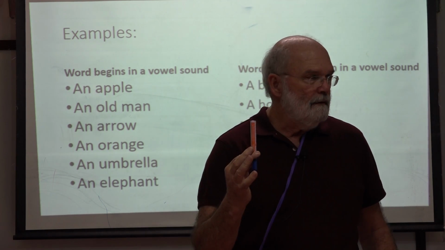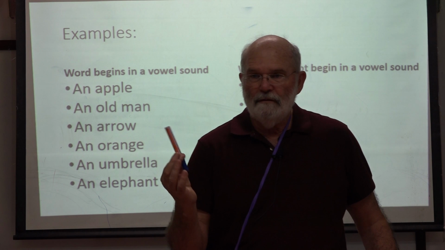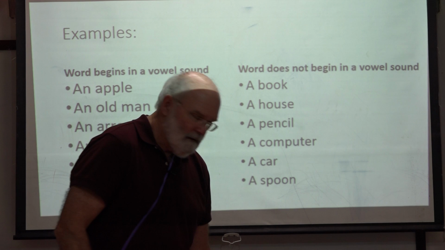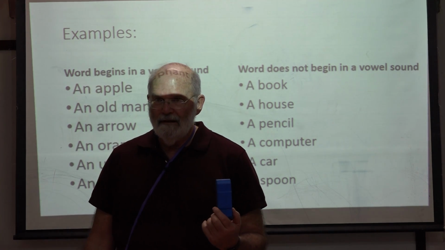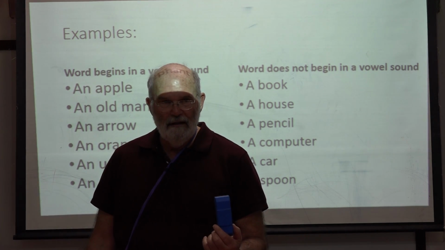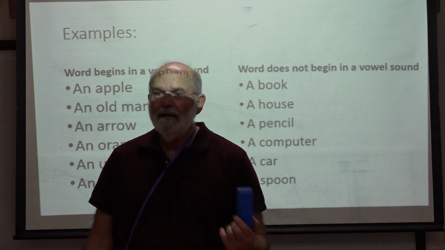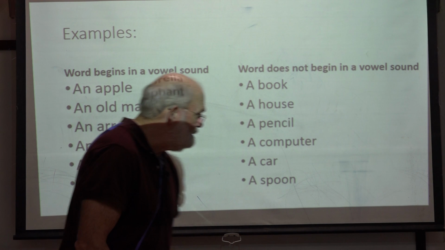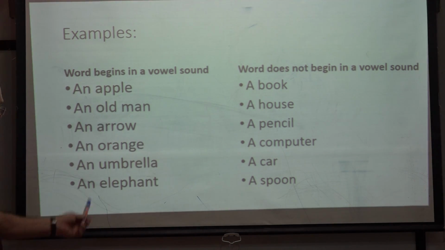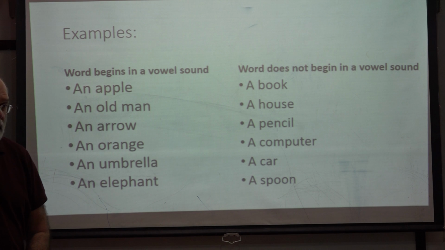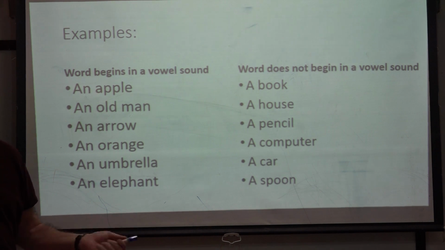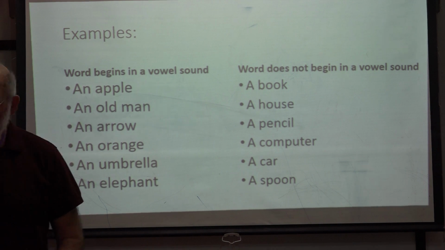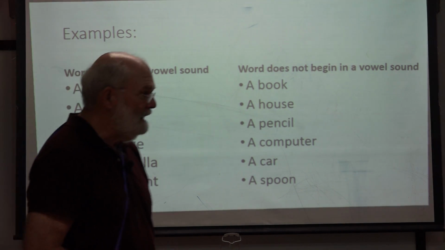A marker, ma, ma, see, that's not a vowel sound. A marker. Eraser, e sound, eraser. So we would say an eraser. So anything that starts with a vowel sound, put an in front of it. Anything that is a consonant or not a vowel sound, we would say a.